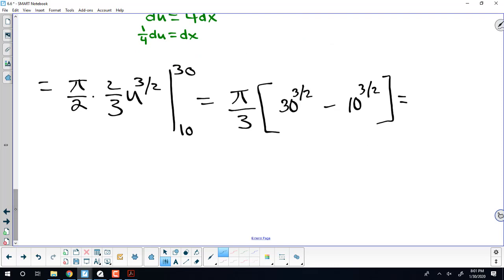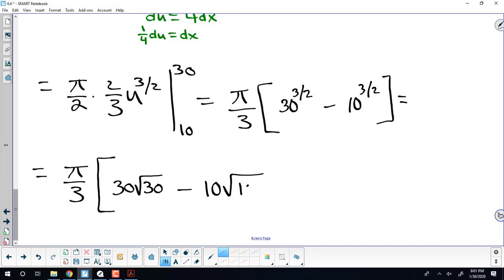As an exact value, we really can't, some of these radicals aren't going to go away. So we'll just write it as pi over 3 times 30 to the 3/2 minus 10 to the 3/2. So that's about as exact as we can get. We can factor out a 10, but good enough.